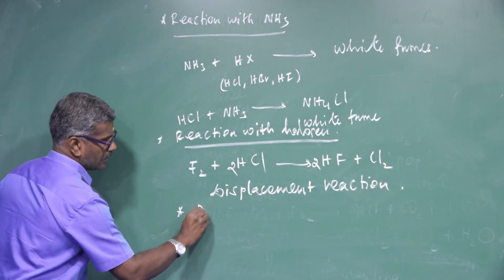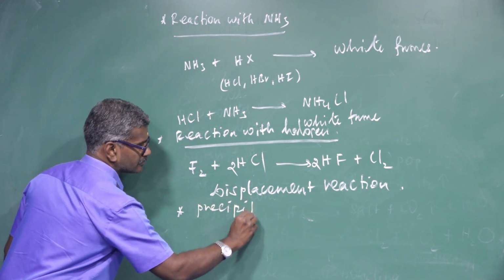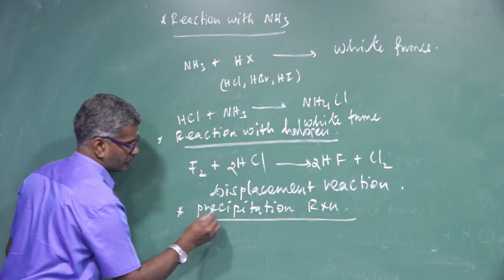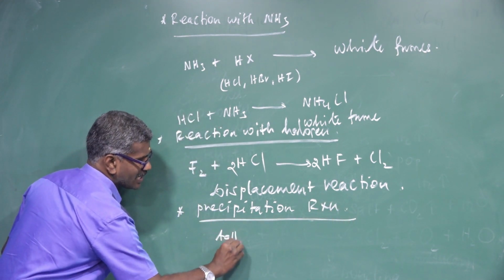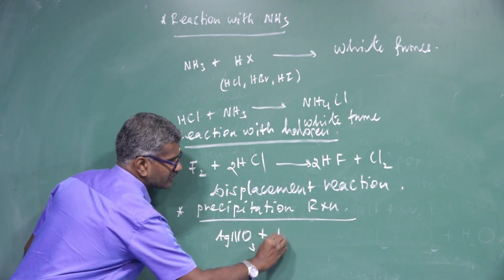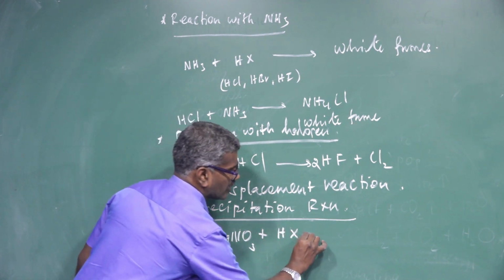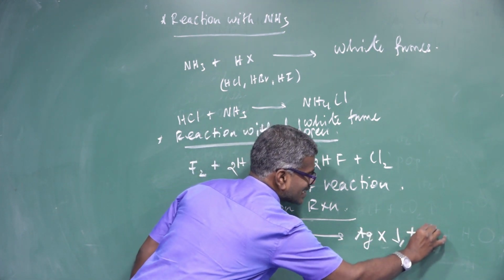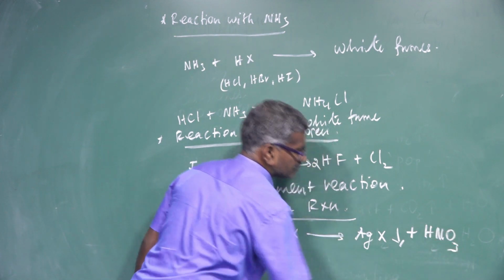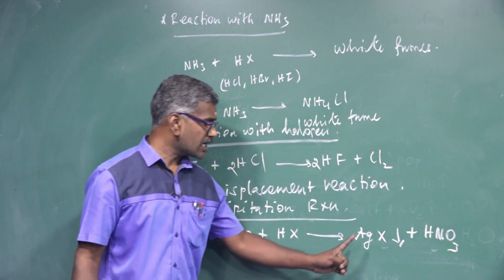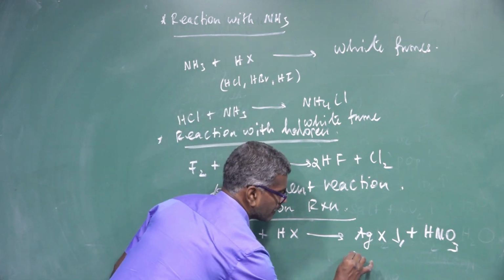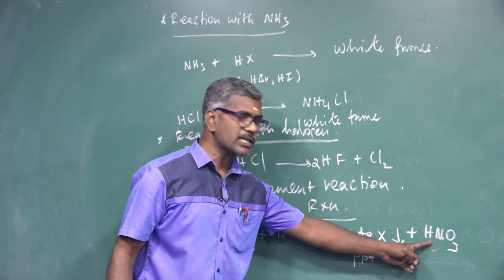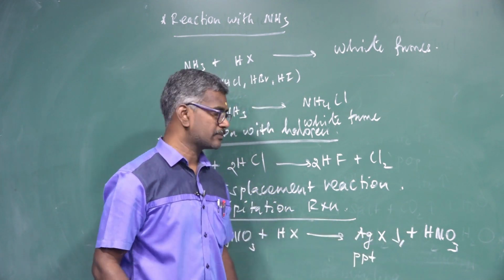Another one, precipitation reaction. AgNO3 reacts with HX to form AgX as a precipitate plus nitric acid. This precipitate does not react with concentrated nitric acid.